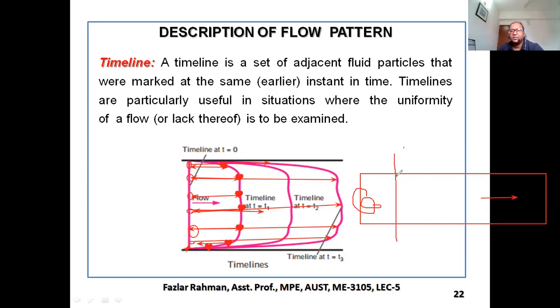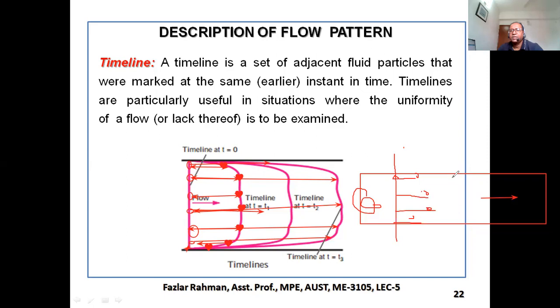Then you are sitting over here, counting. A fluid particle came in over here, and within 2 seconds where is it going? So it might come right over here. This one might come right over here. This one might come over here. So what you see over here is that their velocity is not uniform.